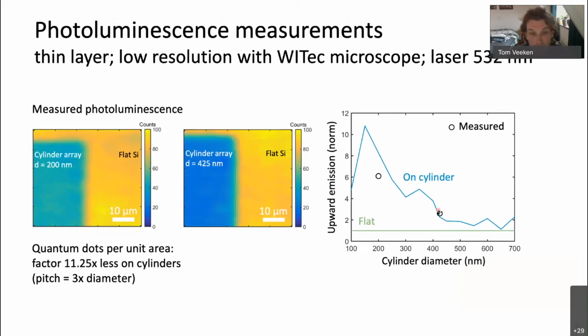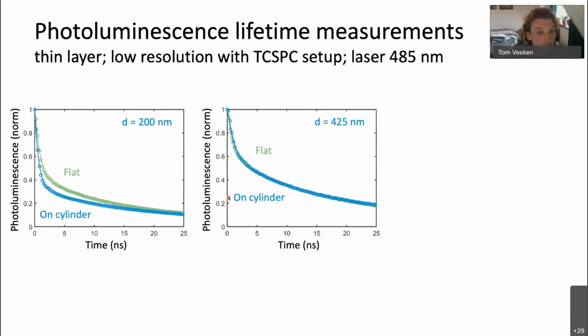Then there is a final thing that we can look at to figure out if our simulations actually predict what happens in the measurements, and that is not looking at the PL intensity, but at the photoluminescence lifetime. Seen here, for the same two arrays, 200 nanometer diameter and 425 nanometer diameter, we look at the time traces.